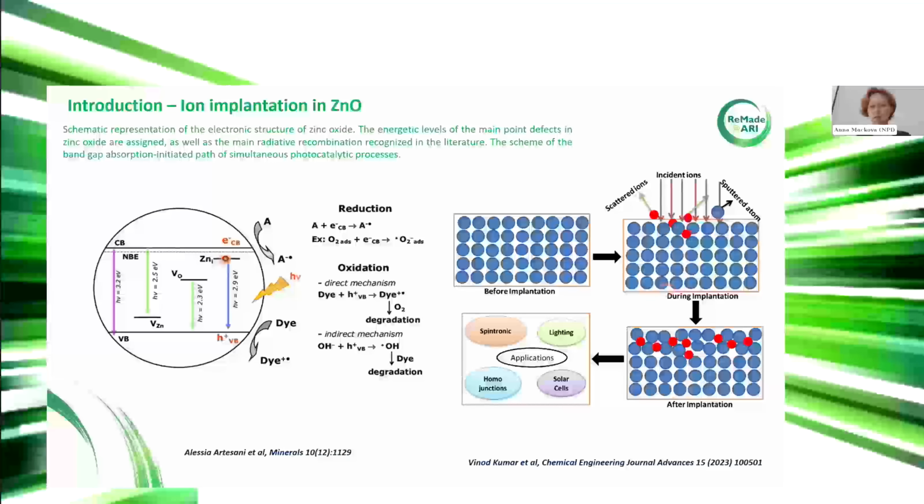And then you create interstitials of oxygen, for example, or vacancies of oxygen and vacancies of zinc in zinc oxide. It means that you create new levels in the band gap, and so you extend or shift the absorption of light, which can be useful for your application.